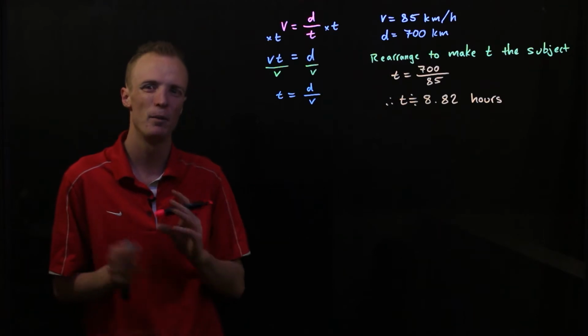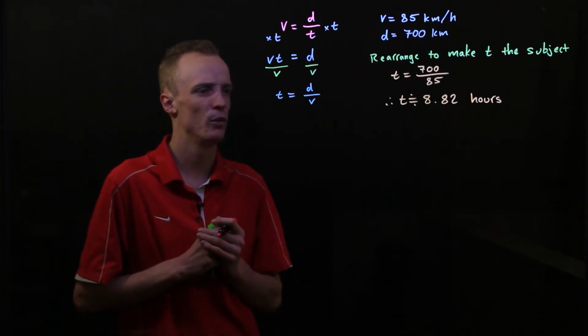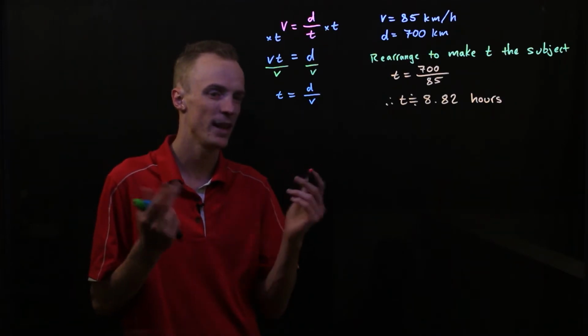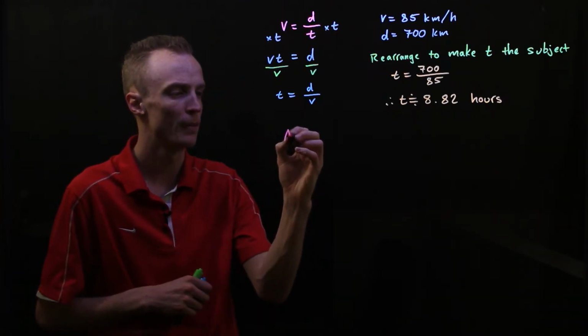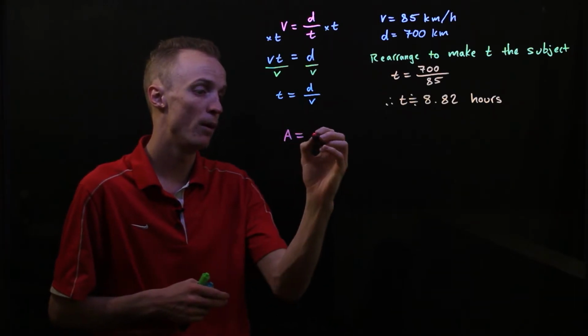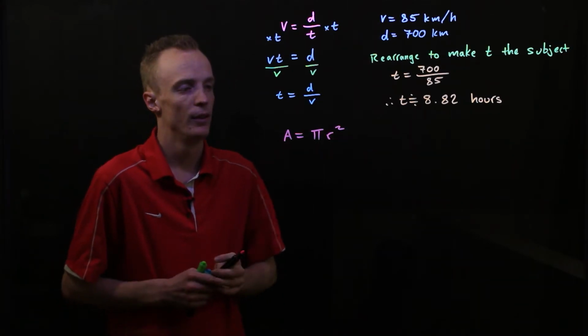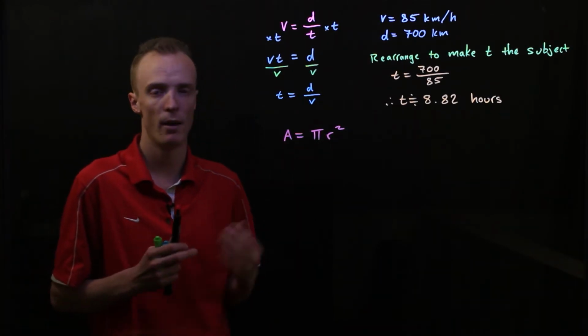But let's play around with one more formula. Let's consider, say, the area of a circle formula. So we know that to calculate the area of a circle, and we'll use A to represent that, we would multiply pi by the radius squared. So the area of the circle would be equal to pi r squared.